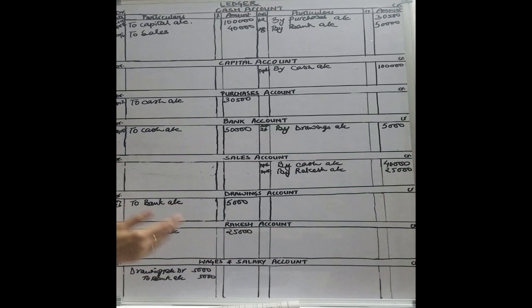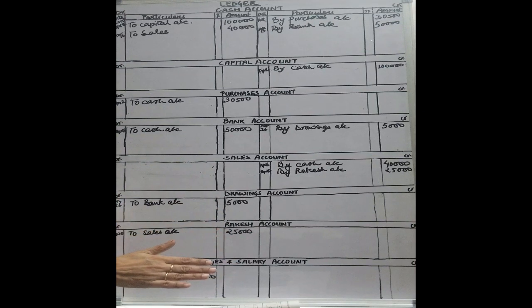So like this, we'll keep transferring the amounts to their respective accounts, and then as per the decision of the business, whether they want to close their accounts at the end of the accounting period or after expiry of a certain time period, we'll close them, balance them and transfer the amount to the trial balance.